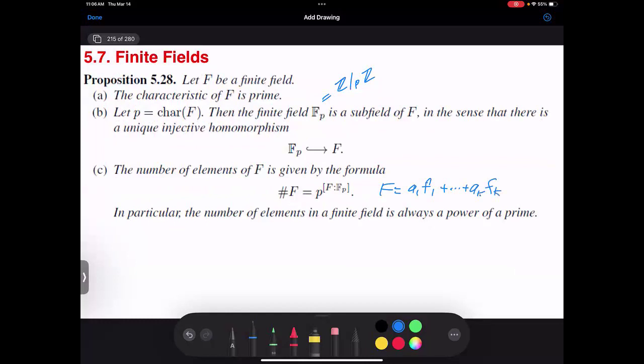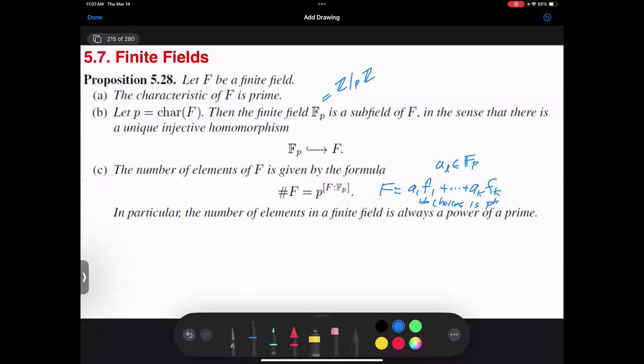I have a basis with K elements, and the A's live in the finite field F_P. And so the number of choices is going to be P to the K. And that's where the last one comes from. The most interesting is that the characteristic of F has to be a prime.